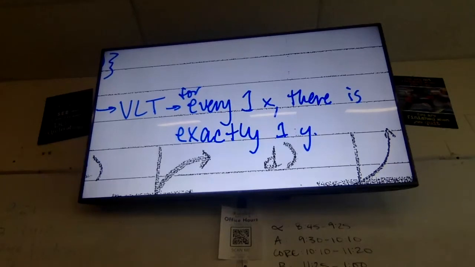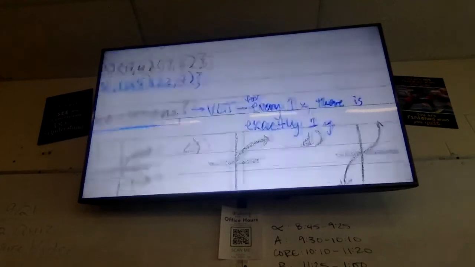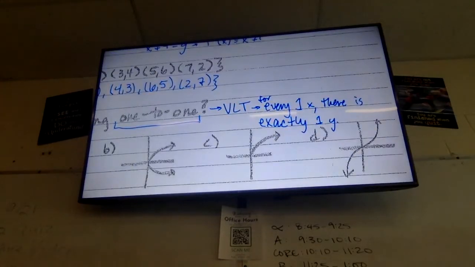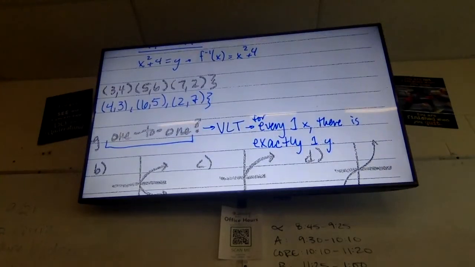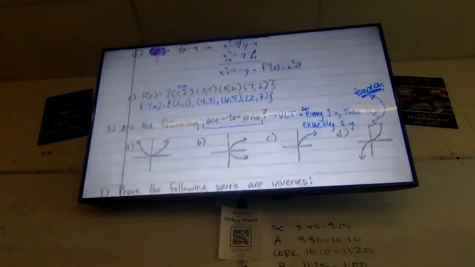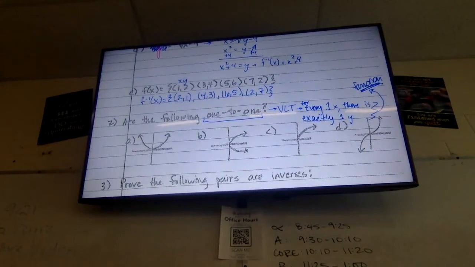I'm looking at like x equals 2 or something, and I'm seeing how many y's are on that line. And if there's more than 1, then we have an issue. And if there is exactly 1, then we're fine. So if it passes the vertical line test, that means it is 1-to-1. And then that also means it's a function. Like this is the definition of a function. A function is 1-to-1. And so we can check using vertical line test.